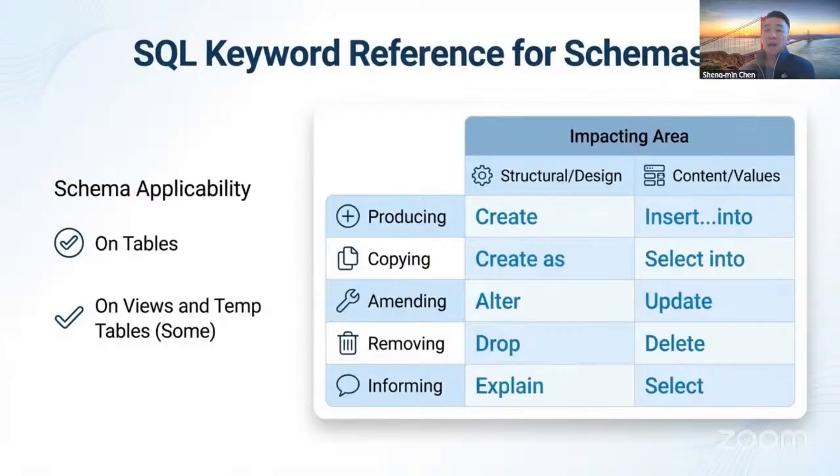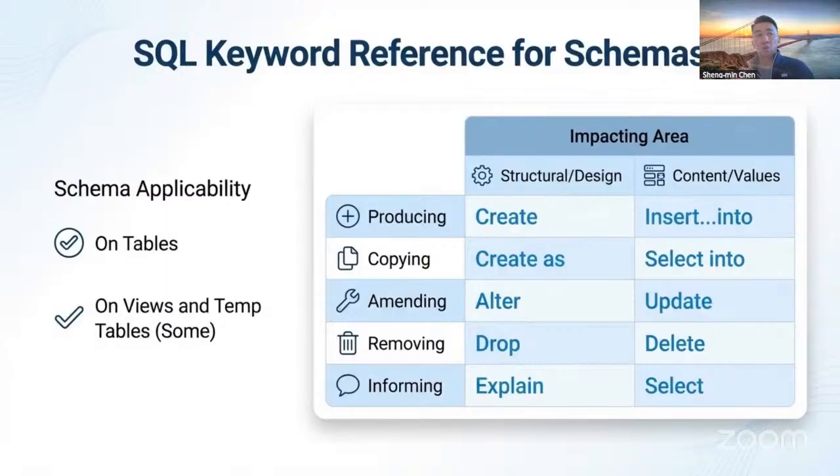Okay? Third line, alter and update. Alter is when you need to change the structure of the table or schema. You're adding a new column, you're adding a key, you're deleting a key. You need to say alter table, followed by what you actually want to do, which is adding columns, deleting the key, or maybe changing the column's data type. All of these don't touch the actual values that live in there.